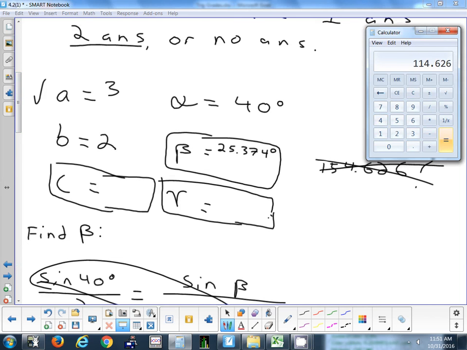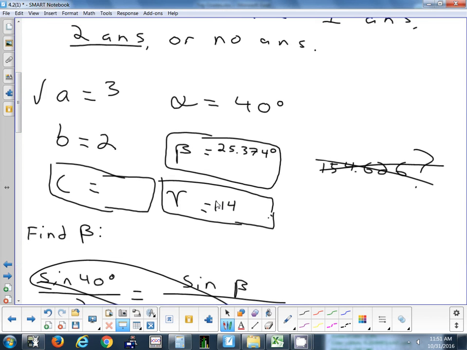Okay, so gamma has to be 114.626. But I couldn't get gamma until I found beta. So you have to do beta, that's the first thing. Then you can do gamma, that's the second thing. And what can I finish up with and find last? C. That's the third thing. You have to go in that order for every problem like this.